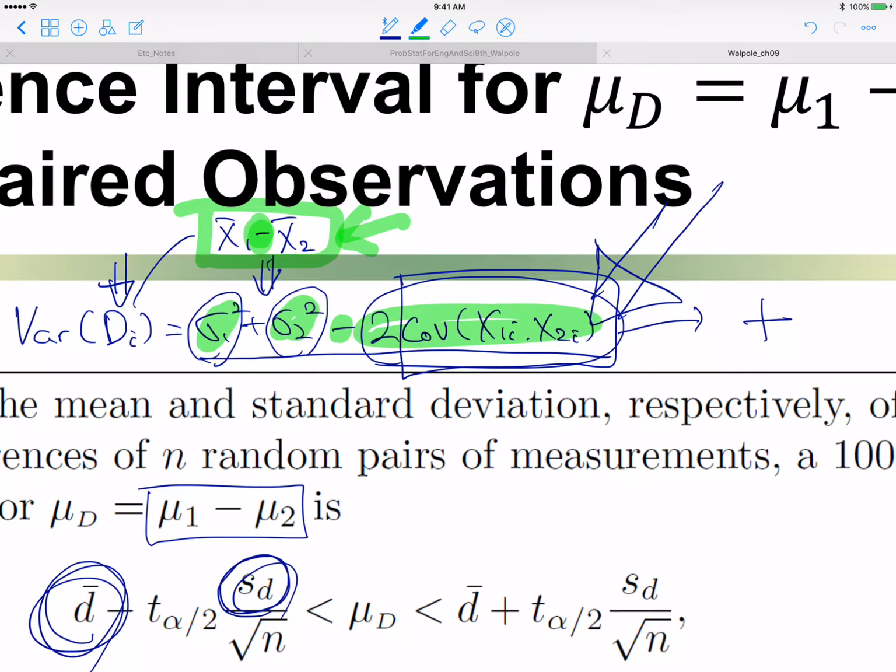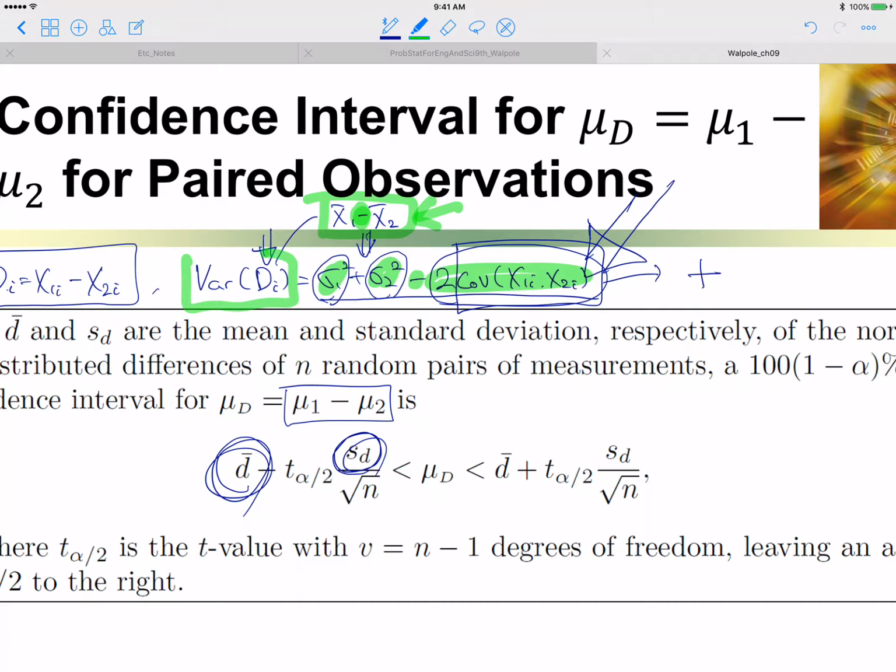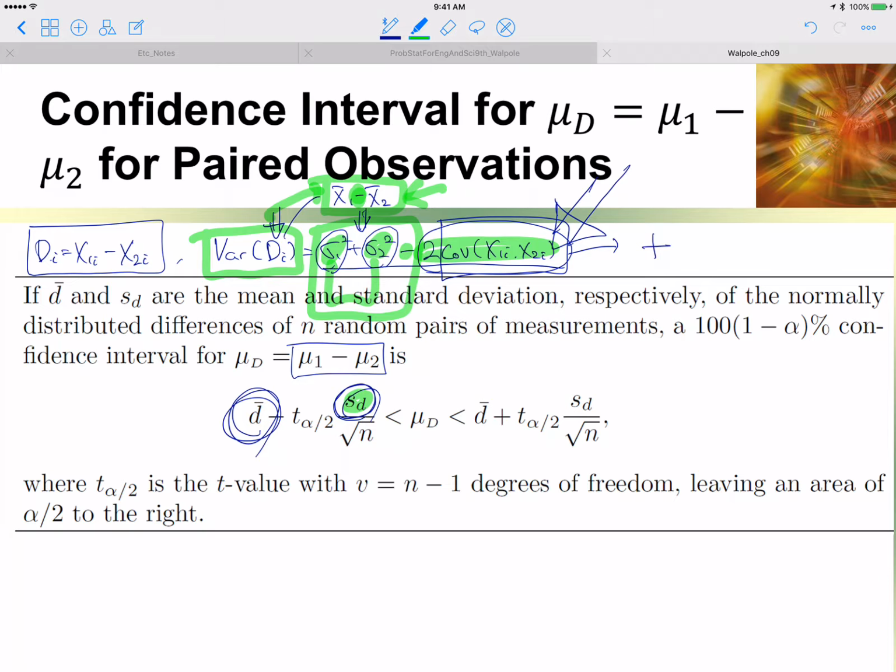So if they are positively correlated, then the overall variance for this new random variable, x1 minus x2, should be smaller compared to just a simple summation of these two. So this sample variance will be smaller than the simple summation of the two sample variances.